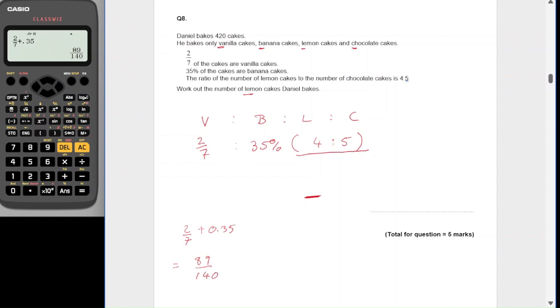So the fraction that has not been accounted for would be 1 minus that. So this is going to be 51 out of 140. And then we want to times that by 4/9. So 51 out of 140 times by 4/9.